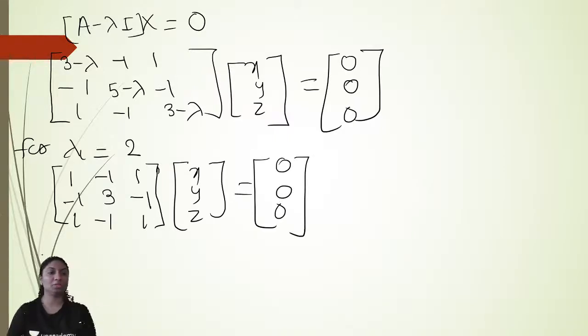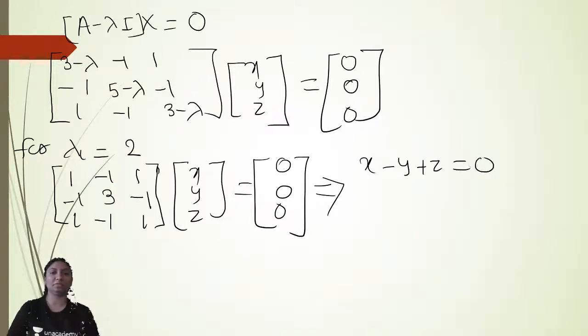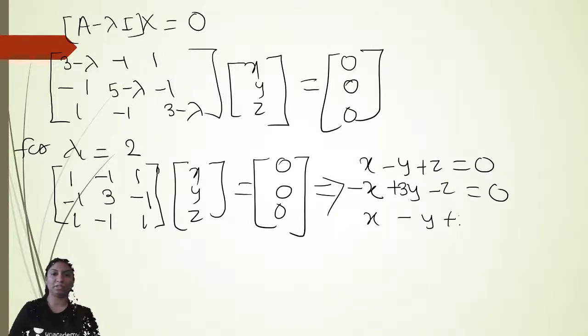So you'll get the system of equations x minus y plus z is equal to 0, minus x plus 3y minus z is equal to 0, x minus y plus z is equal to 0. Okay, now we'll use Cramer's rule.